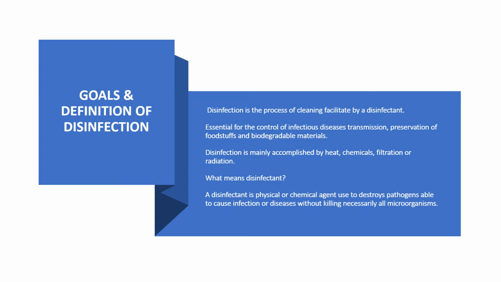A disinfectant is a physical or a chemical agent used to destroy pathogens able to cause infection or disease without necessarily killing all microorganisms. Disinfectants are expected to kill more than 99.99% of the test organisms. Disinfection is usually applied to water or inanimate objects such as fomites to control the spread of microorganisms.